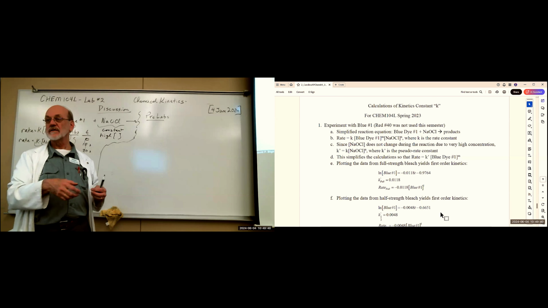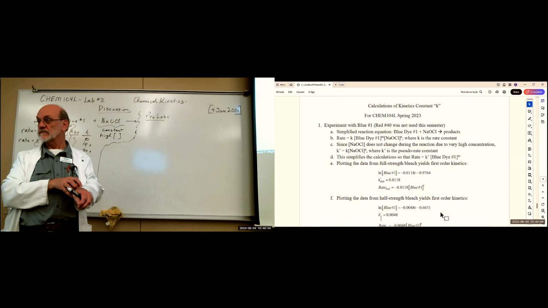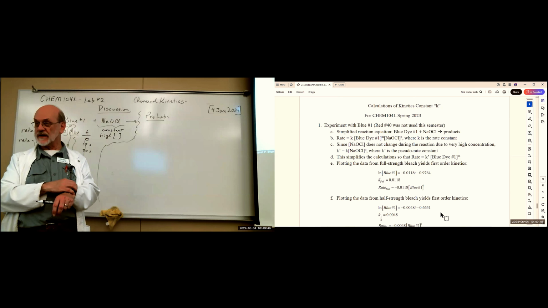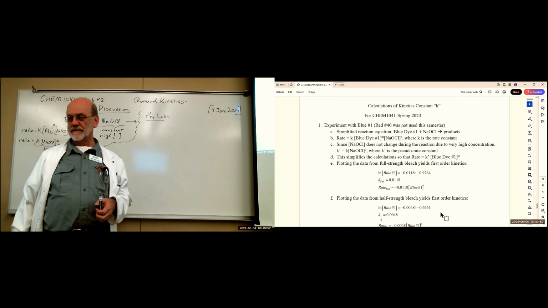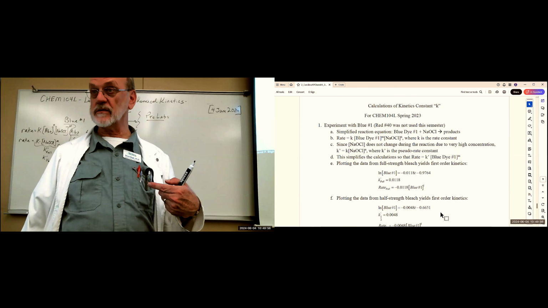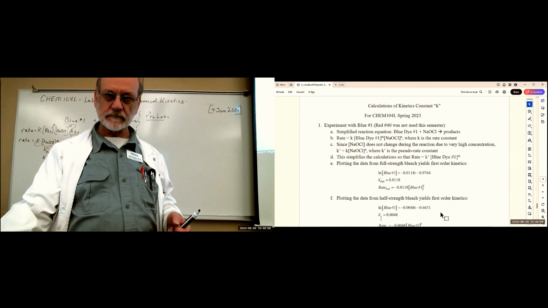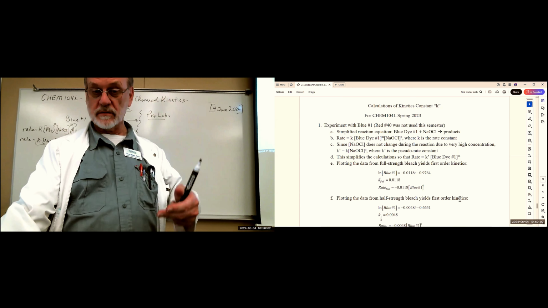Take the natural log. If that's a straight line, it's first order. If that's not it, then you go to second order. You know, the inverse, plot that against time. If that's a straight line, then it's second order. So you're going to do that for both the full strength and half strength experiments. So then you got the order for the blue dye.